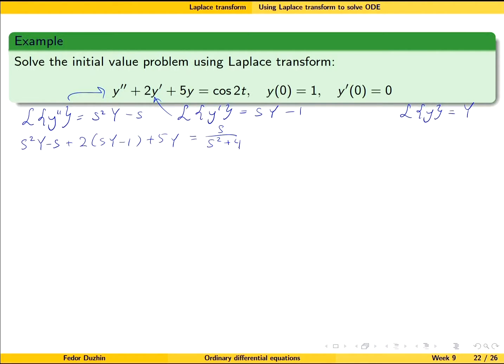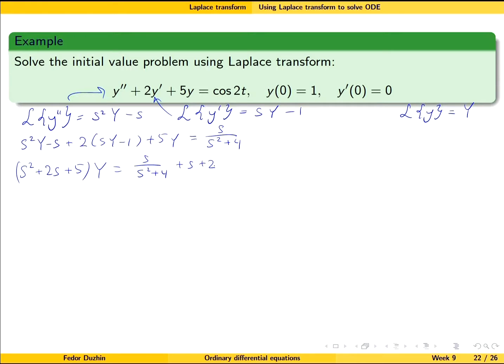Okay, so now putting all the terms with Y together, we get (s squared plus 2s plus 5)Y equals s over s squared plus 4. Then I have minus s on the left, so plus s, and I have minus 2 on the left, so plus 2.